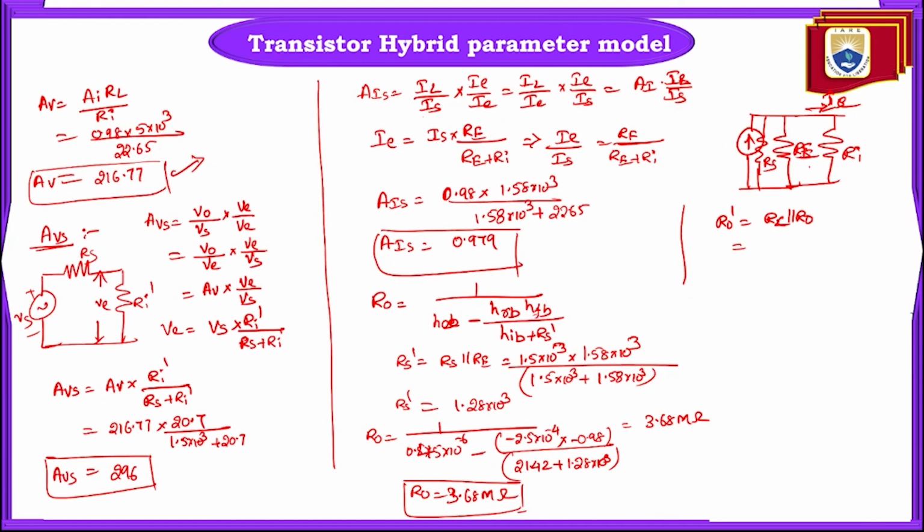We have 5 kilo ohms, in parallel with R0, which is 3.68 mega ohms. If I calculate this value, I'll get R0 dash as 4.99 kilo ohms. So this is how we can evaluate all the parameters of a common base amplifier using the H parameter model of a transistor.